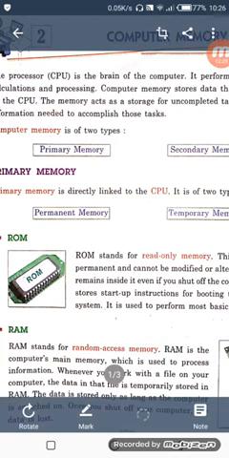Data will not be lost in any condition, and we call it non-volatile. Examples of ROM are TV, AC, SIM card, smartphones, tablets. All these electronic devices have ROM, read only memory, which means we can only read but we cannot write into it.